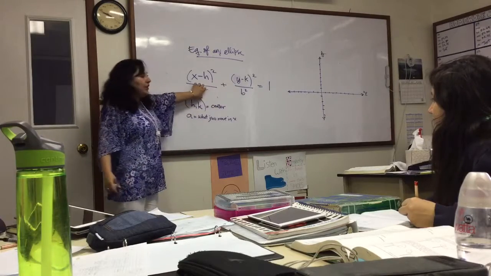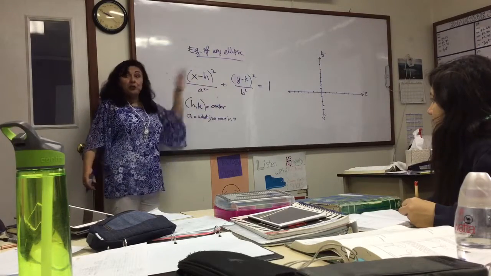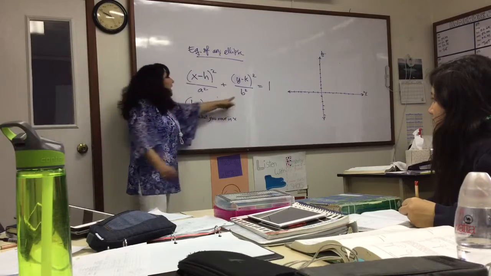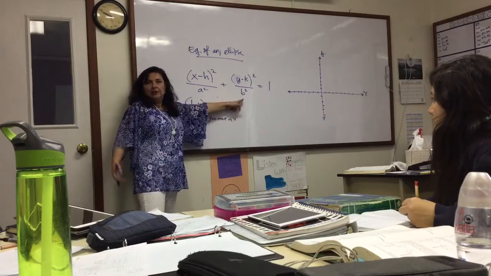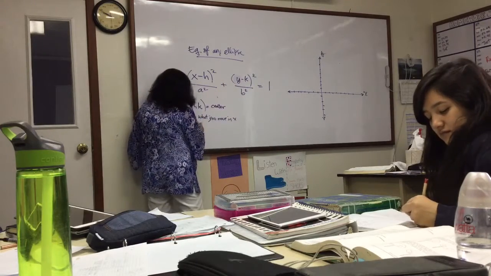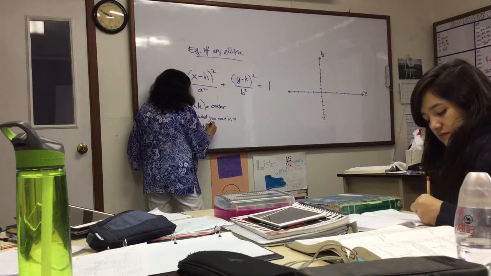The number that's under here, the square root, is what you move in X. Guess where you're going to move with this one? Y. So B, what you move in Y.